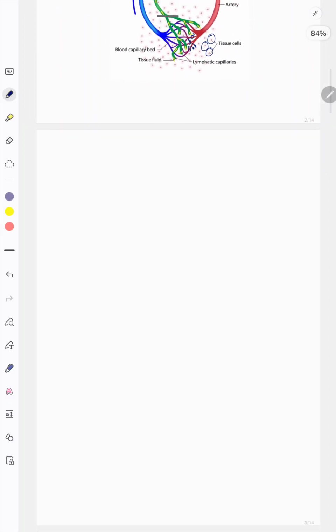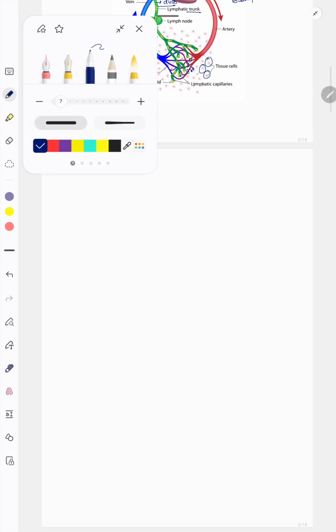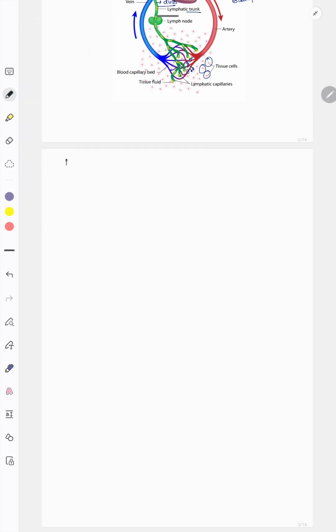Now we have talked about nutrients, oxygen, essential substances. So what are all these? What basically are nutrients? These are the macromolecules.